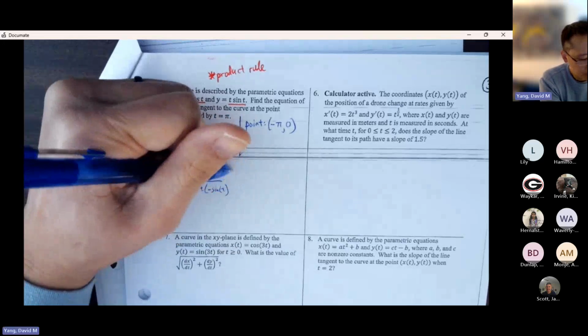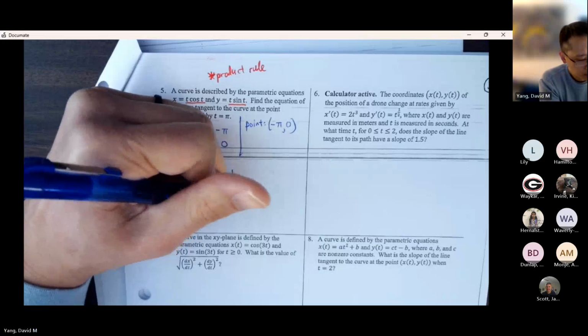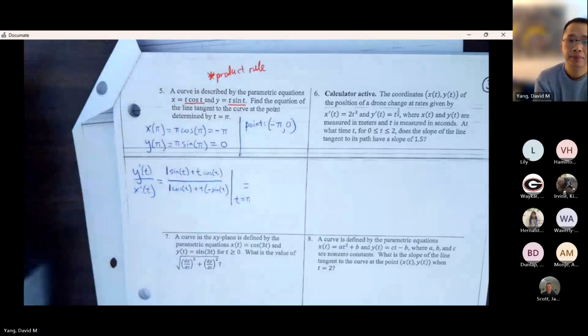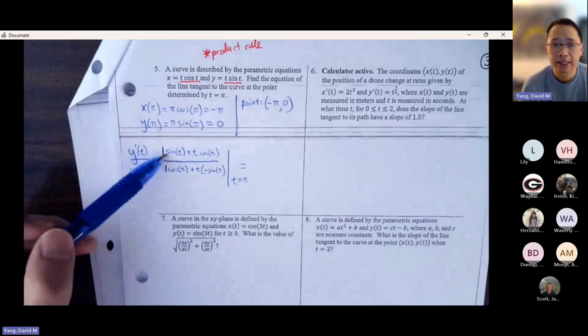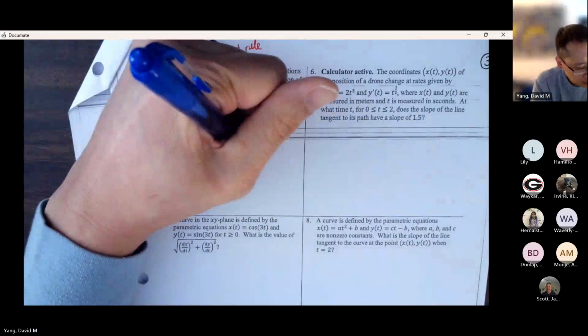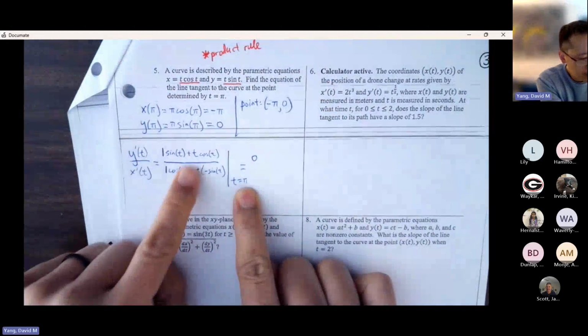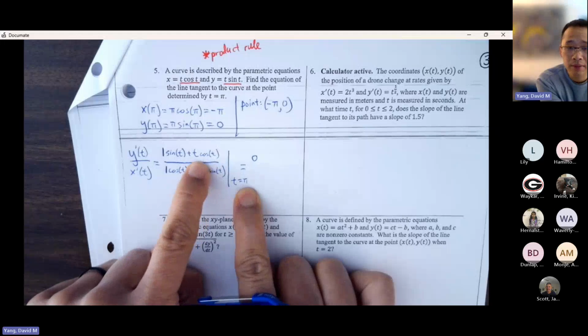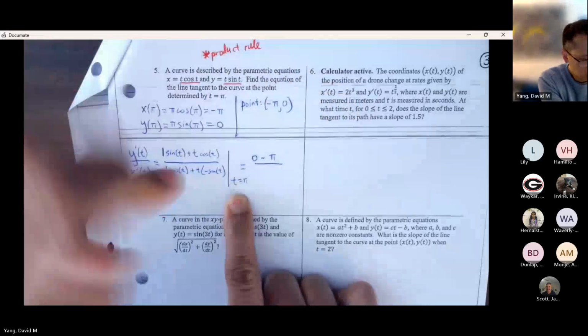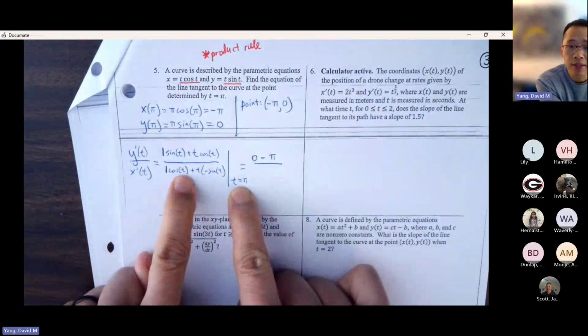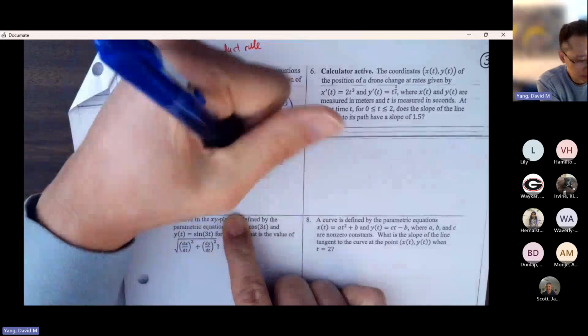And then once you have the derivative, we can plug in pi in for all the t's to get our slope. Sine of pi, 0, pi, cosine of pi. It's going to be pi times -1 or negative pi. Pi in for cosine in the denominator, so cosine of pi, which is -1.